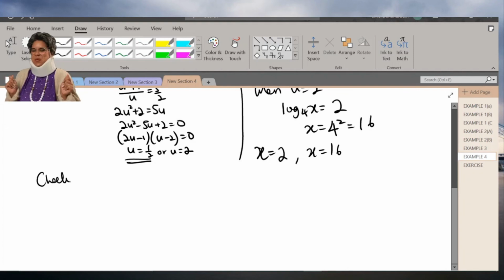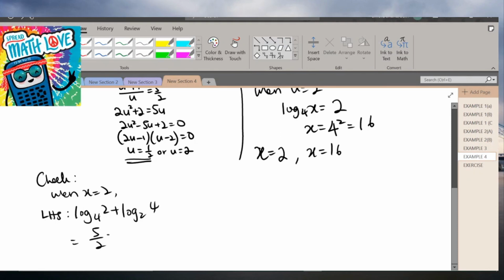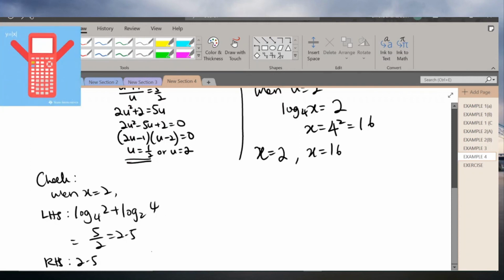So check for when x is equal to 2, the left hand side will be log base 4 of 2 plus log base 2 of 4. This will be 5 over 2, which is 2.5. And our right hand side is 2.5. So for x equals 2, the left hand side is equal to the right hand side. What about when x equals 16?